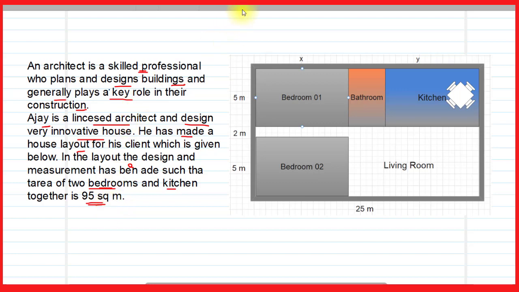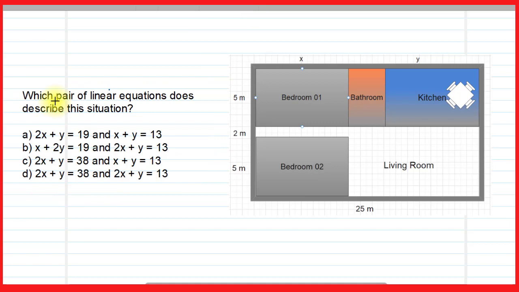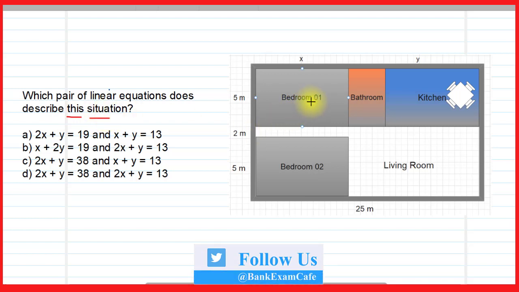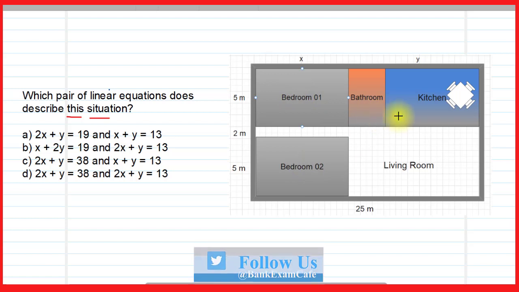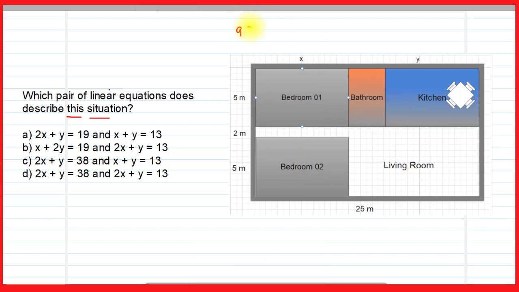So let us see the first question. The question is: which pair of linear equations describes this situation? Now friends, it is given that the area of 2 bedrooms and kitchen is 95 square meter. So the first equation we will get from this information.